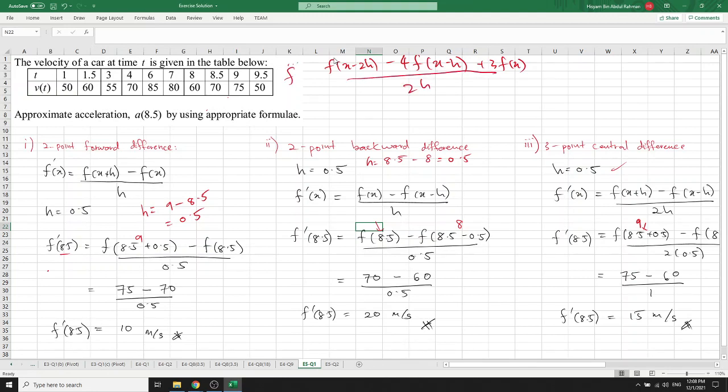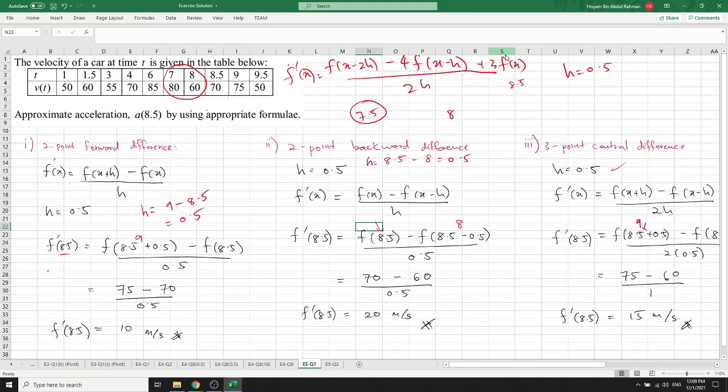This is f prime x. If h is 0.5, here is 8.5, and then here is 8, and this one is 7.5. The data for 7.5 is not available. Therefore we cannot use the 3-point backward.